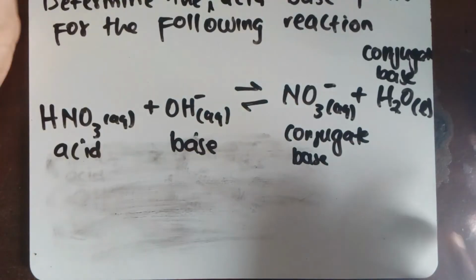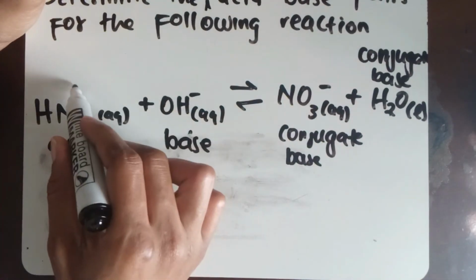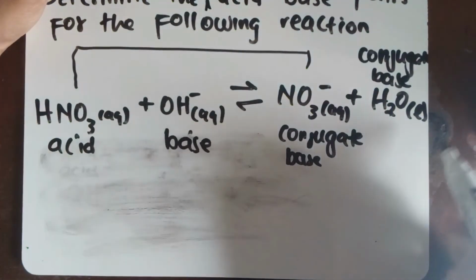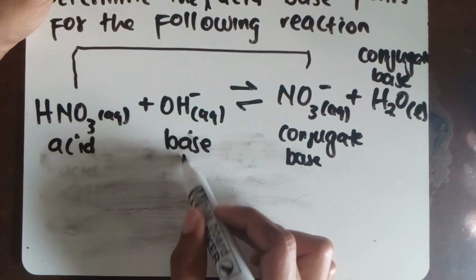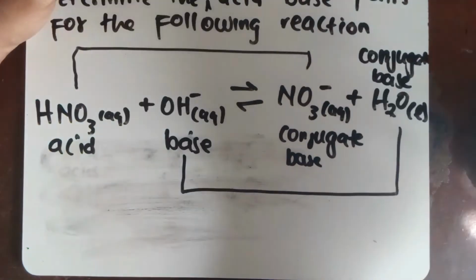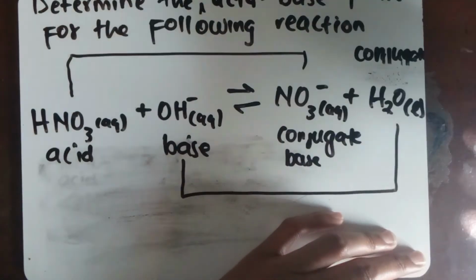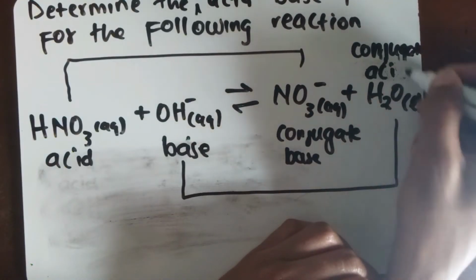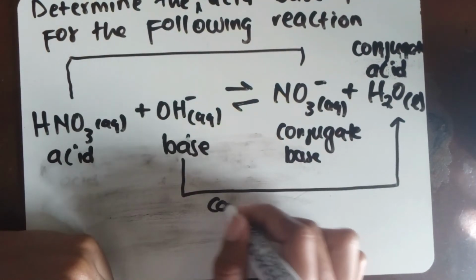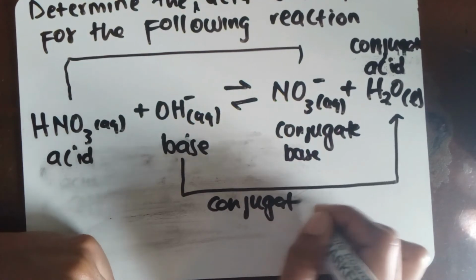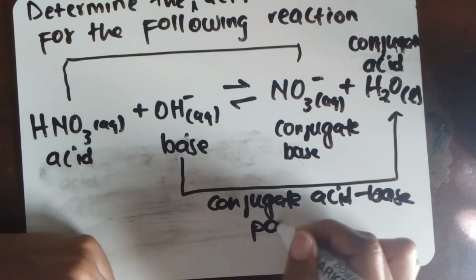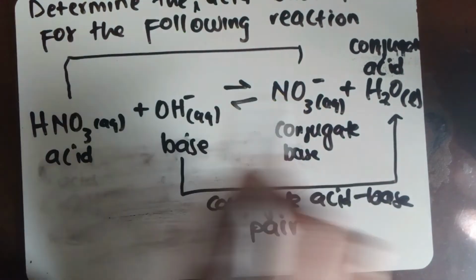So we have essentially identified them. So HNO3 goes with NO3 minus to form a conjugate acid base pair, and the same thing with these two, right?